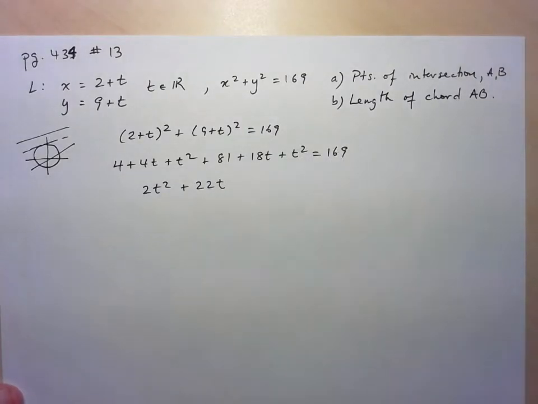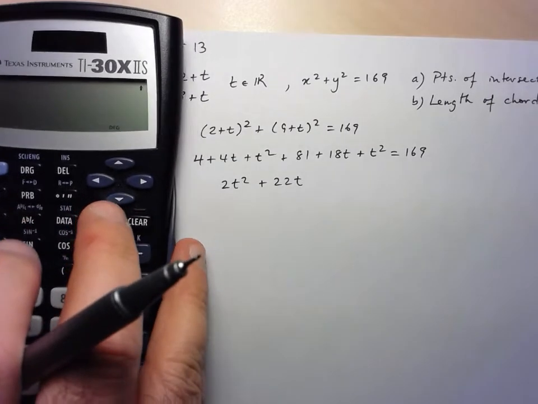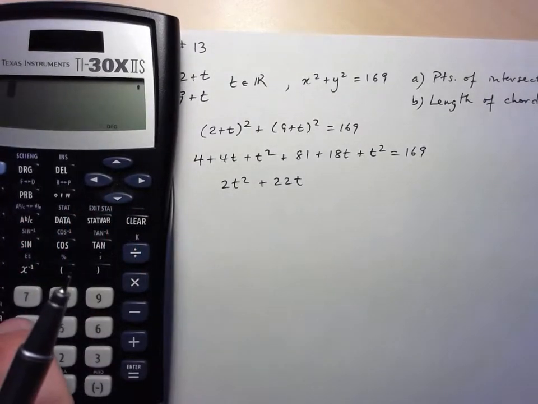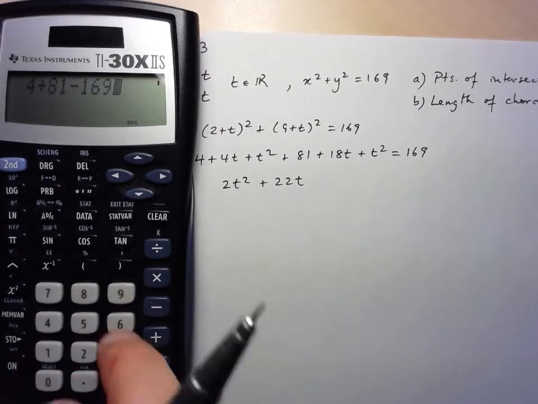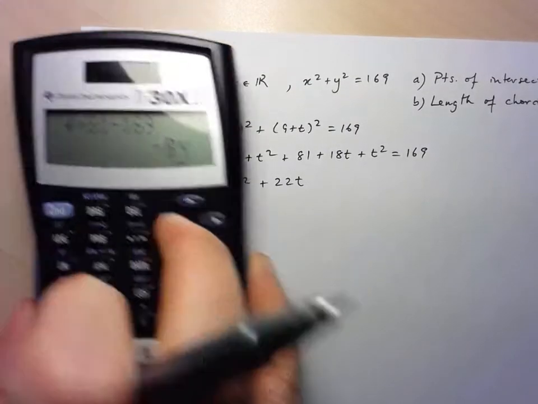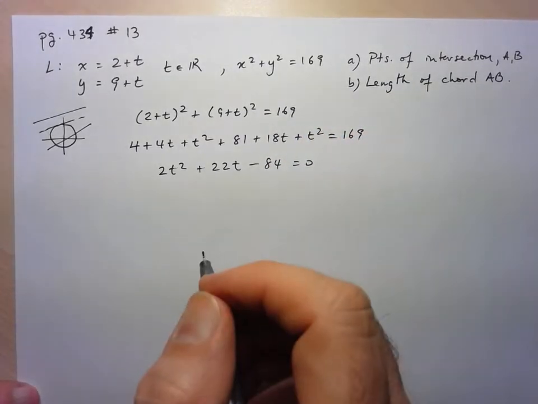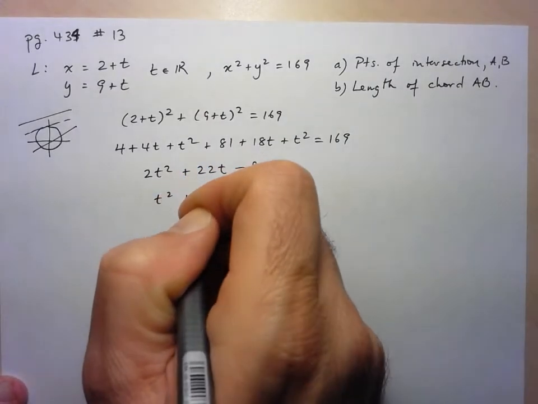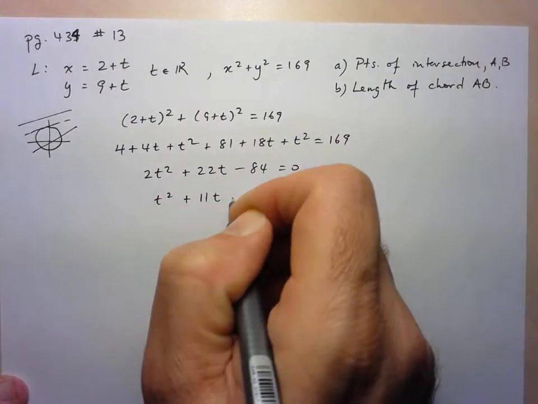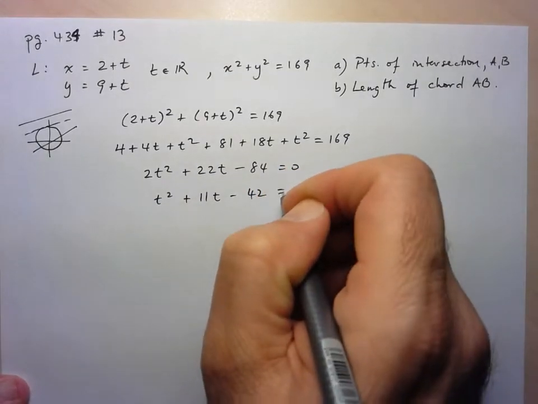I don't feel like doing that in my head, so let's just be sure here. So what do we got? 4 plus 81 minus 169, and we've got minus 84. I can simplify this equation by dividing both sides by 2. So this is t squared plus 11t minus 42 equals 0.